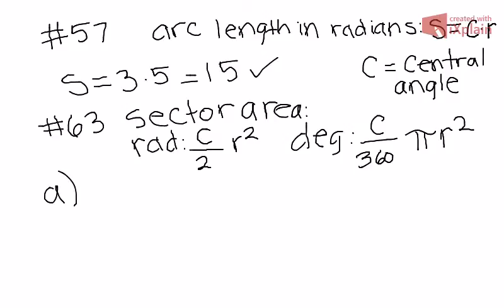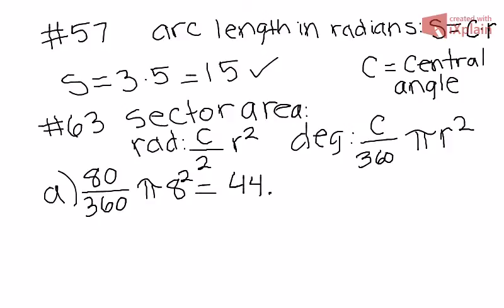So on A and B, they give us two different types, right? We have degrees and then radians. So we just use the two different formulas for sector area, plugging in that central angle c and the radius r, and it's pretty straightforward from there.